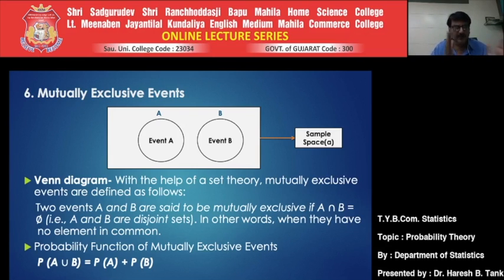When I say probability of A union B means probability of event A or event B occurs, which is equal to the sum of individual probabilities. Means probability of A plus probability of B. Means whatever individual probabilities are there, if you make sum of those two, which gives you probability of event A or event B.